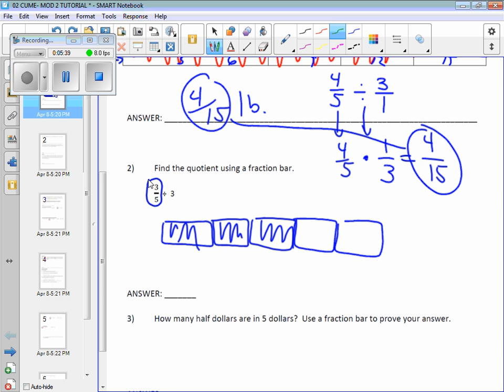My whole number tells me that I need to divide all of my segments into thirds, much like I did on the first one. So I'm going to do that by drawing lines through my fraction bar. And then the numerator of my first fraction tells me how many pieces to circle, which is 3.